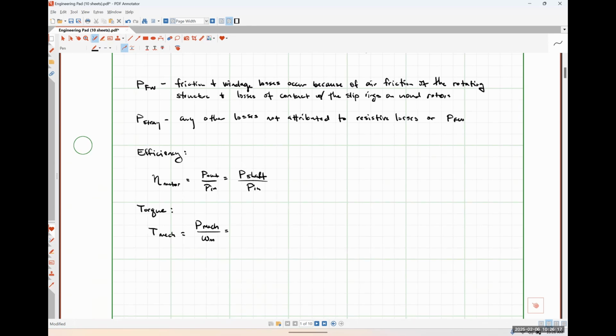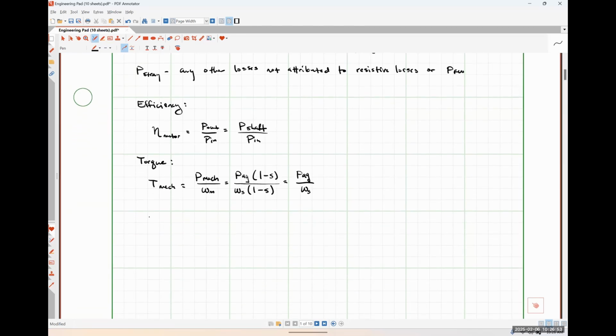And this is going to turn out to be, and we'll talk about these terms in a little bit, our air gap power times a factor of 1 minus s over omega s times a factor of 1 minus s, which then comes out to be simply our air gap power divided by our stator field angular frequency. And we'll get into all these relationships when we look at an equivalent circuit and see why it comes out that way.